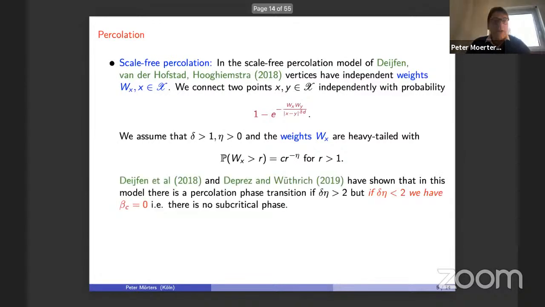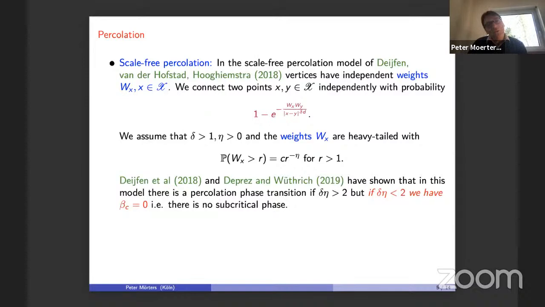And if you do this, Deijfen, van der Hofstad, and Hooghiemstra for the lattice case, and later for the analogous Poisson case, Deprez and Wüthrich, have shown that there is a percolation phase transition if delta times eta is bigger than 2. So there is a subcritical phase under this condition, but if this condition is not satisfied, there is no subcritical phase.